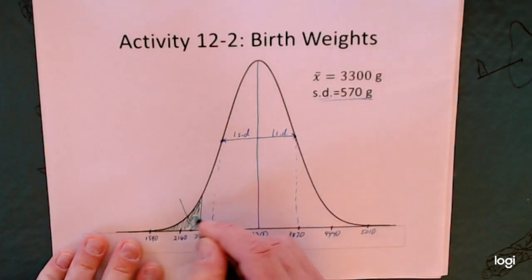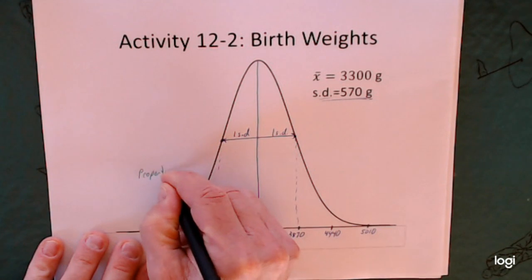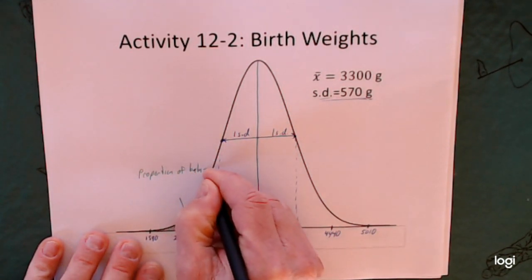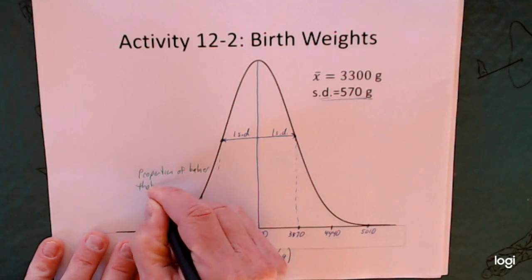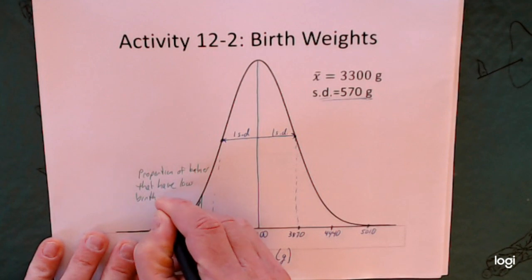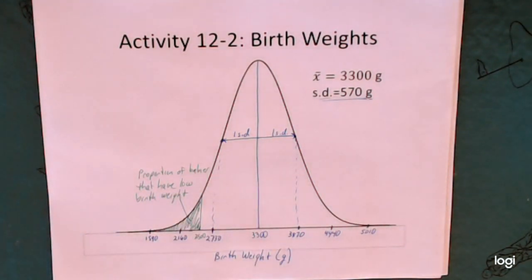And that area that I've shaded corresponds to the proportion of babies that have low birth weight. Now our job is to calculate that.